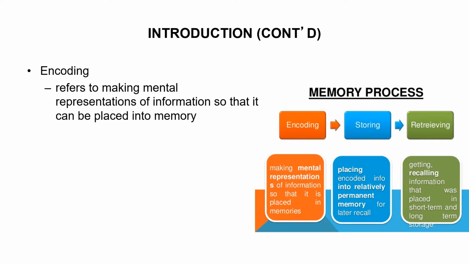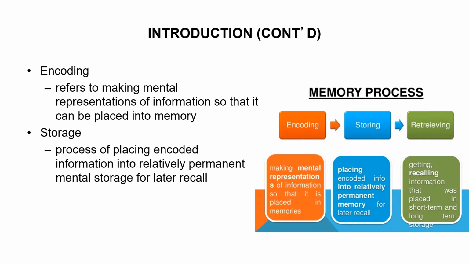So it's almost like the processor, the encoding. Then we get storage. This is where we place that encoded information. It's now been processed. We now understand it. So we've encoded it. It's come into the system. We now have it in storage.